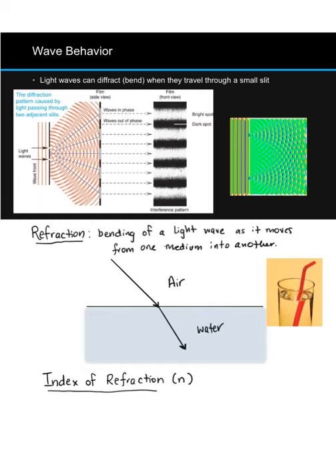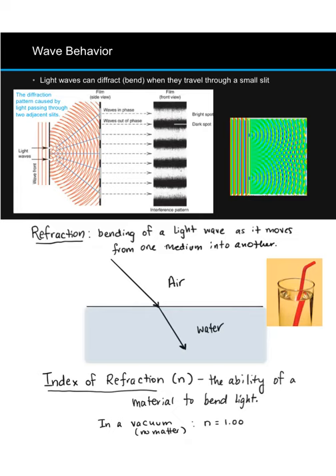This index of refraction, given the symbol lowercase n, is the ability of a material to bend light. This is a unitless quantity and is relative to a vacuum where there's absence of material. In a vacuum, the index of refraction is 1. To a good approximation, the index of refraction of air is likewise about 1.